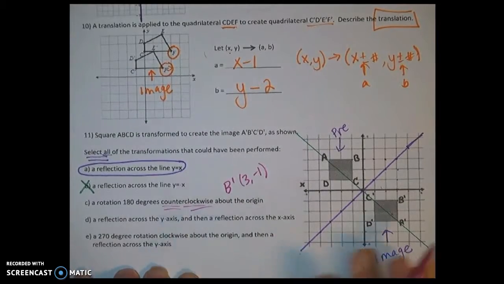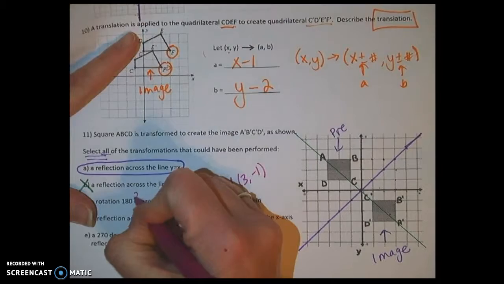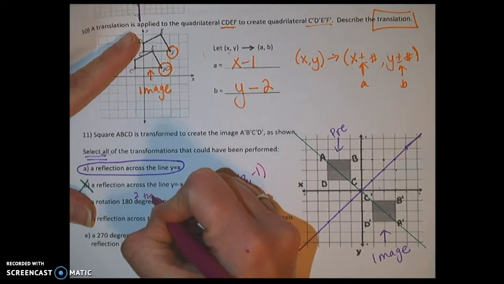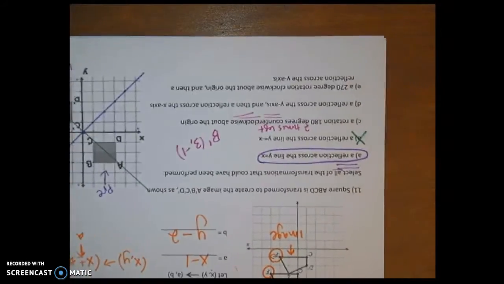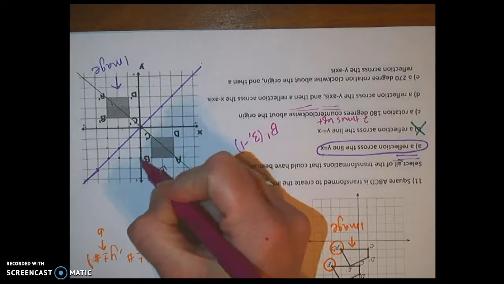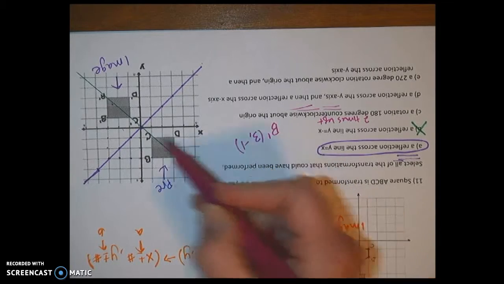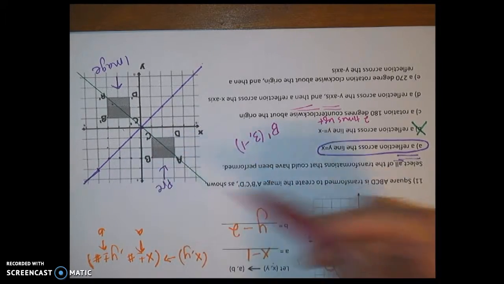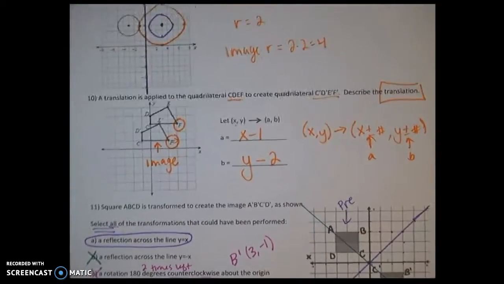I'm going to rotate my paper counterclockwise, so that means left twice. And when I do that, I'm going to check that point B. When I look at B, which is this one right here, is that at 3, negative 1? No, it's at 1, negative 3. So therefore, it cannot be a rotation of 180 degrees.